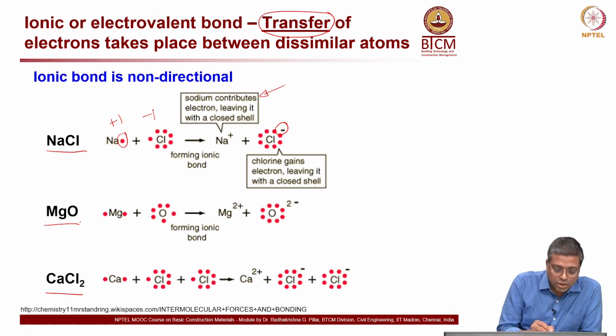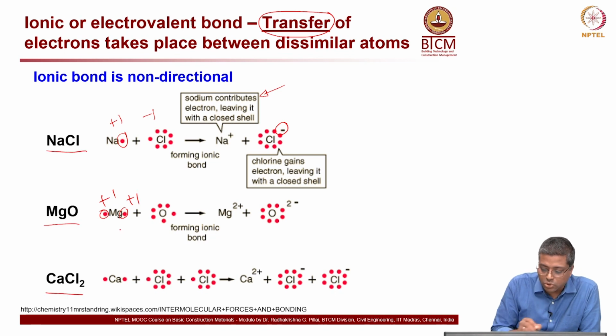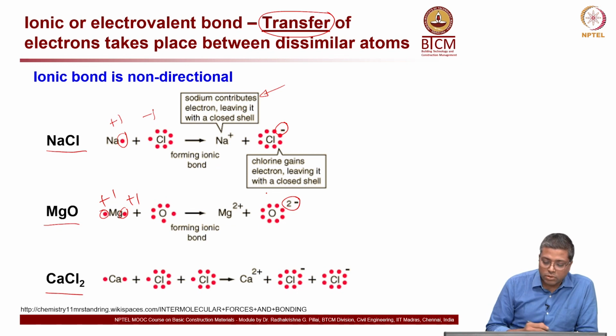In case of magnesium oxide, you can see again this one and this one, that is +1 here and +1 here, that is +2, and both are taken by the oxygen here. Okay. So, you get -2. So, taken completely, it is not sharing, it is just transfer.